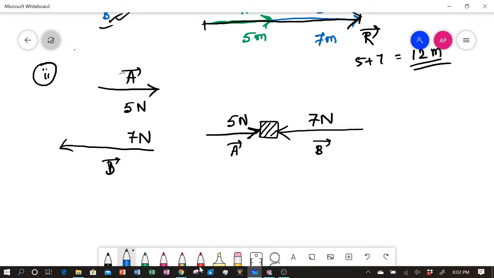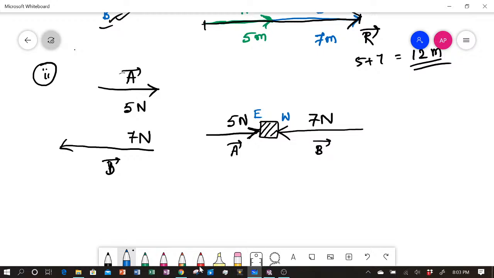Vector A is along east direction and vector B is along west direction.